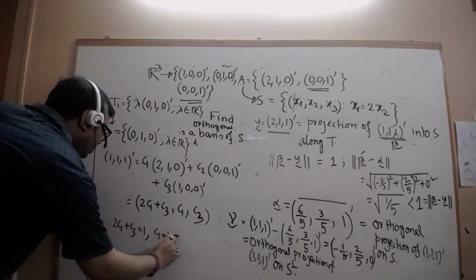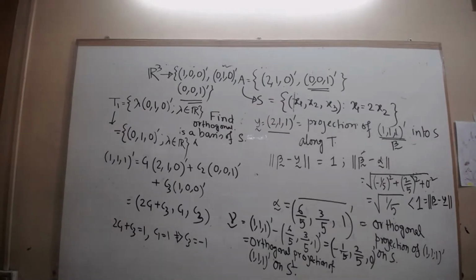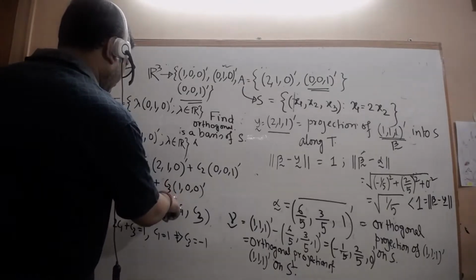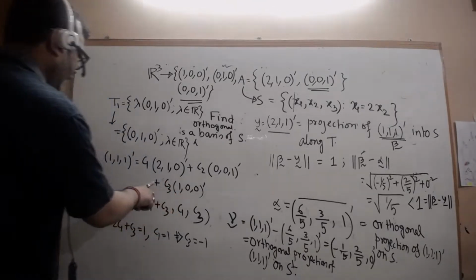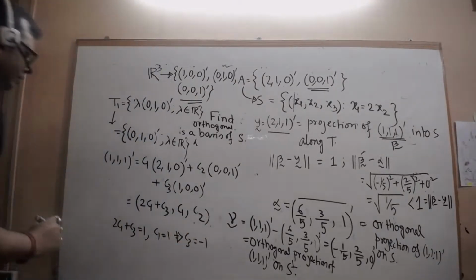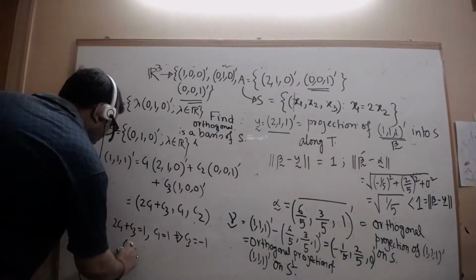C1 equal to 1. So this means C3 equal to minus 1. Sorry, this is C2. C1 equal to C3 and C2 equal to 1.